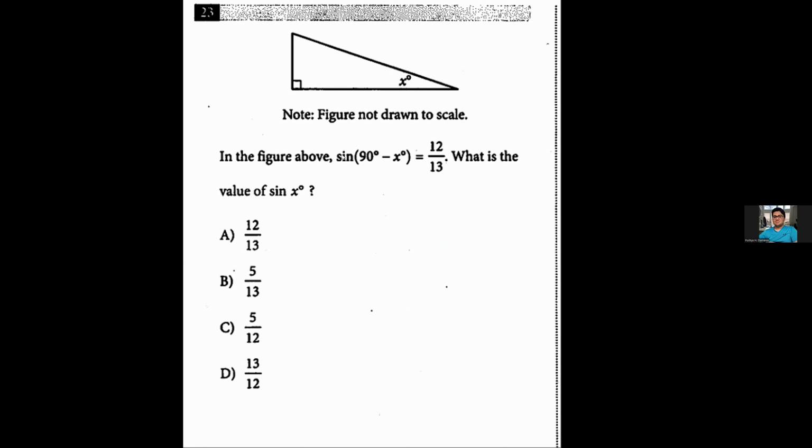In the figure above, sine of 90 minus x is 12 over 13.